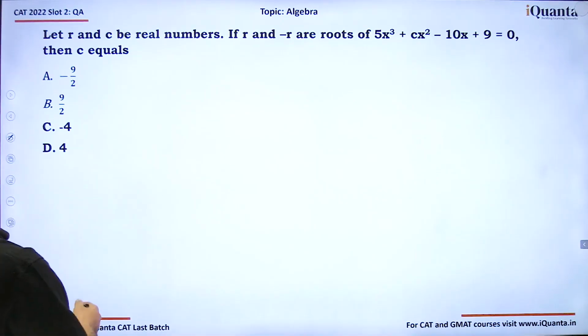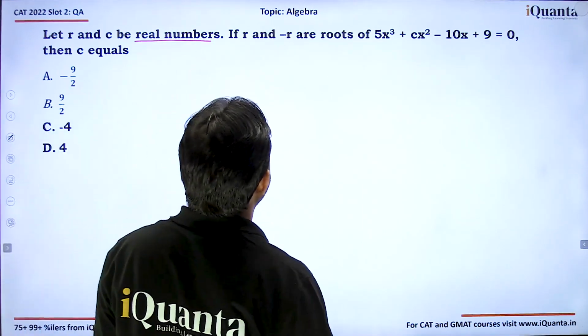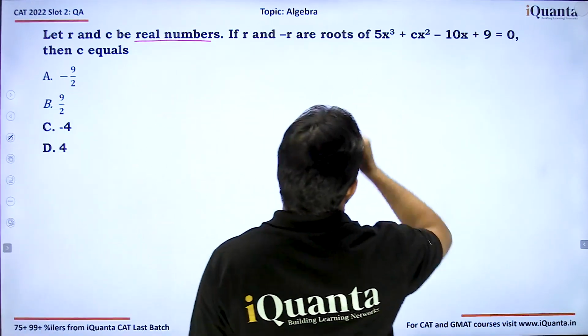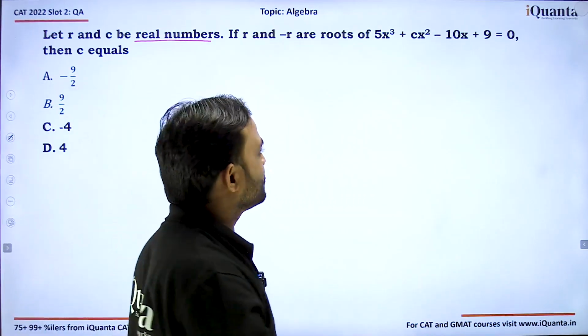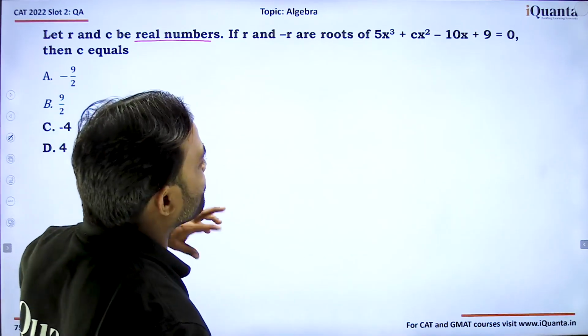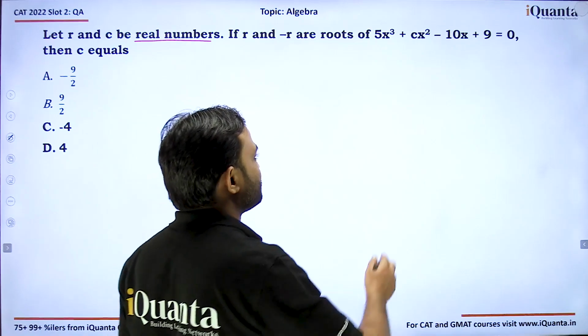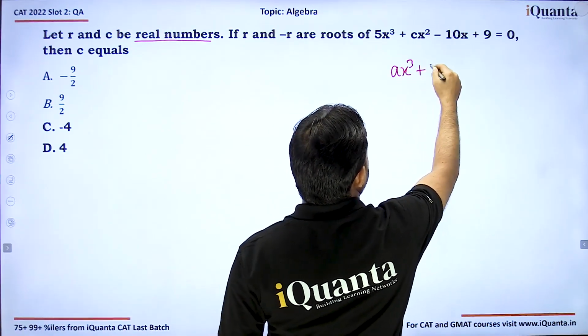Next question, it says let R and C be real numbers. If R and minus R are the roots of 5x cube plus 6x square minus 10x plus 9 is equal to 0, then C equals, we need to find the value of C. So before we move forward solving this question, what do we know about polynomials and their roots?